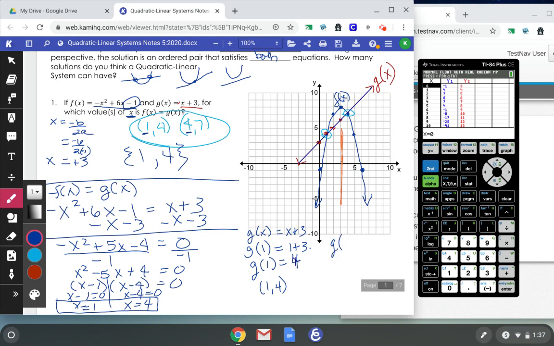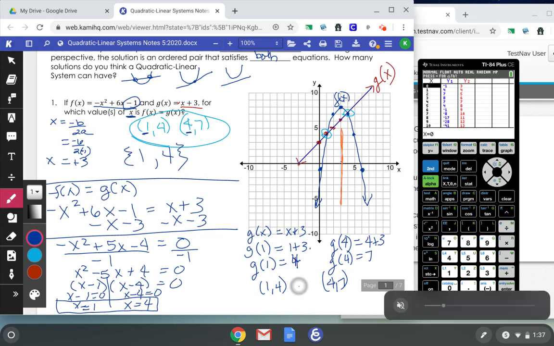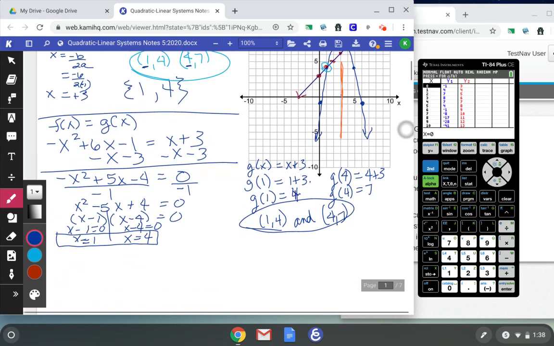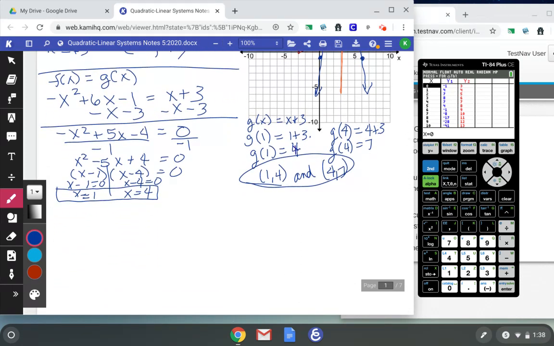So if my x value is 4, I'm going to plug it in. 4 plus 3. That means (4, 7) would be another solution. And those would be the two solutions to this system. Now remember, both points have to satisfy both equations. So you should go back and check your work, okay?